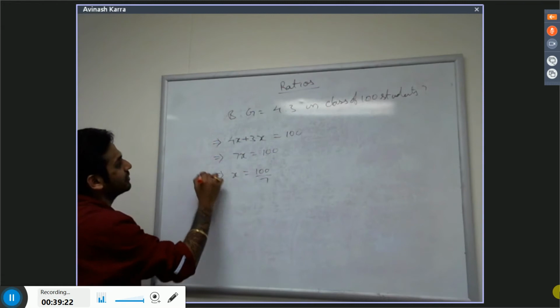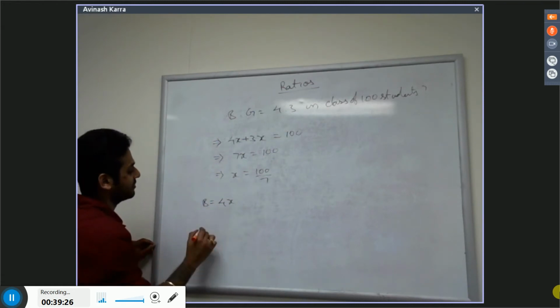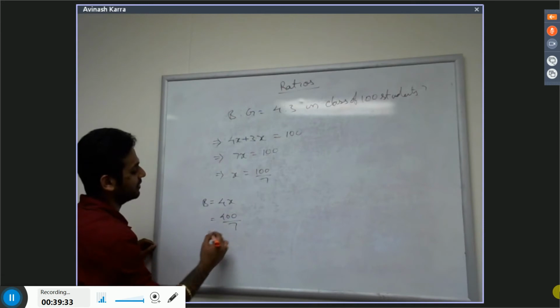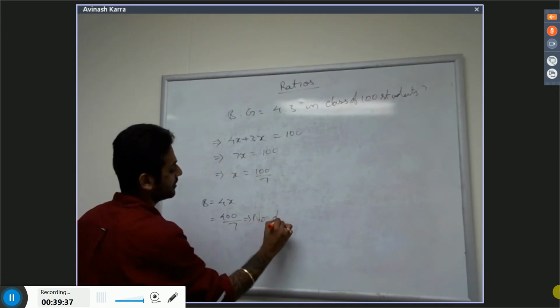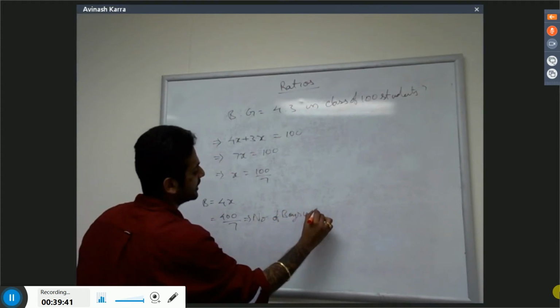So substitute: boys is equal to 4x, that is 400/7. These are the number of boys in the class.